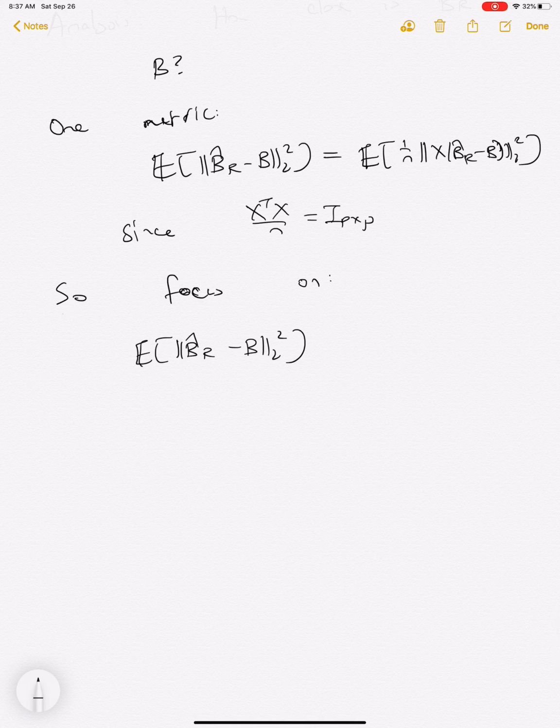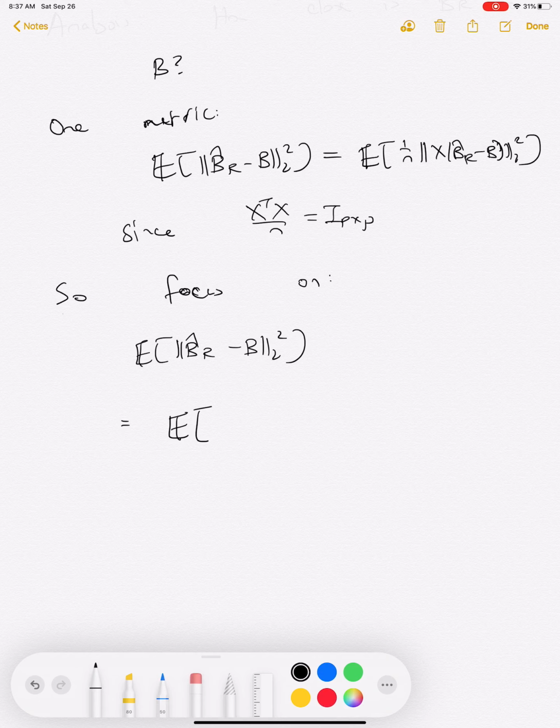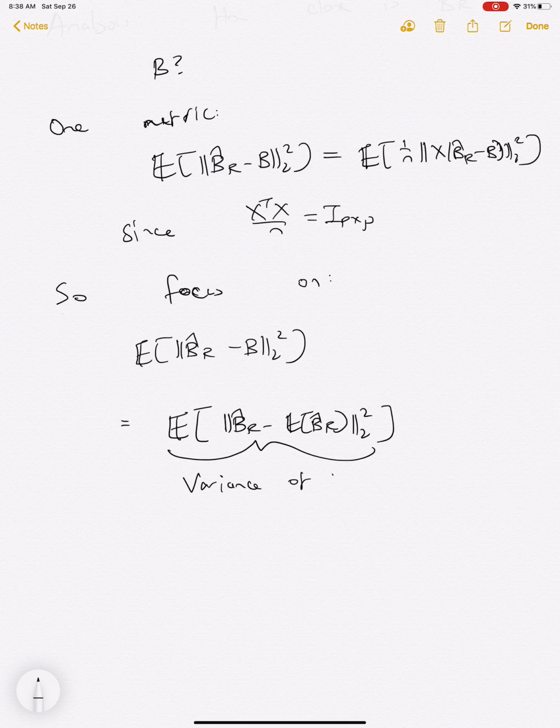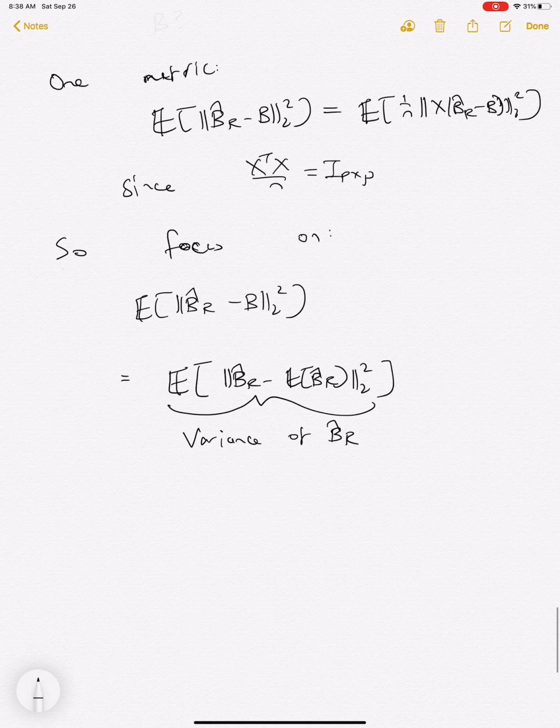Okay, and so once again, remember that this is equal to, we can write this out in this convenient way as the variance term, the variance of B hat R in this p-dimensional case, and then plus the bias term.